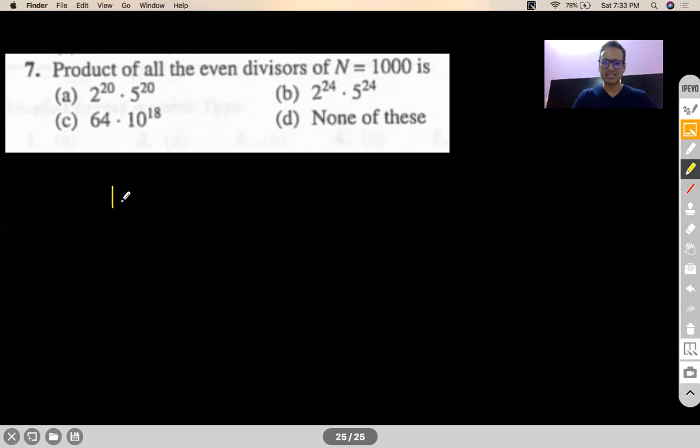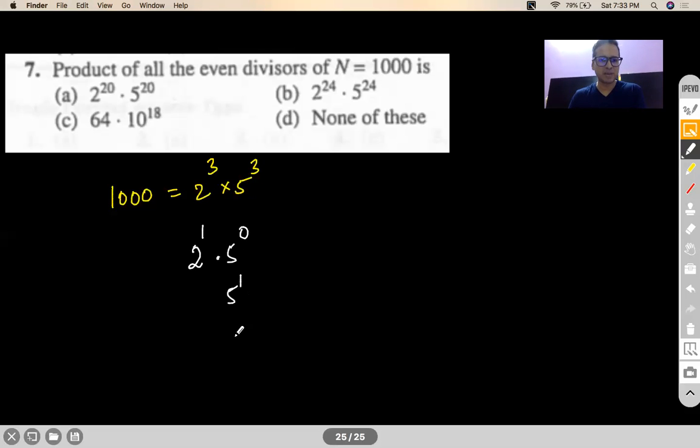So 1000 as a number is 2 to the power 3 into 5 to the power 3. Correct? Now, if you want an even divisor, that divisor should have at least one 2 in it. That means I can have a divisor like 2 to the power 1, and any number like 5 to the power 0, 5 to the power 1, 5 to the power 2, 5 to the power 3.